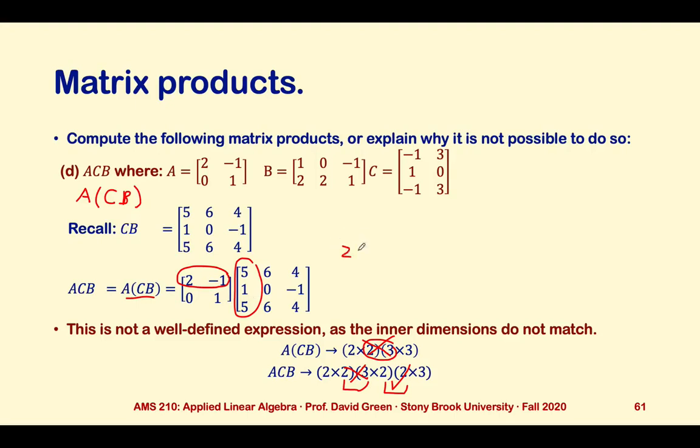And so we would say 2 times 5 plus -1 times 1 plus, but then what do we do? We have another entry here. We don't have a third entry. We can't complete this expression because of the mismatch in the dimensions.